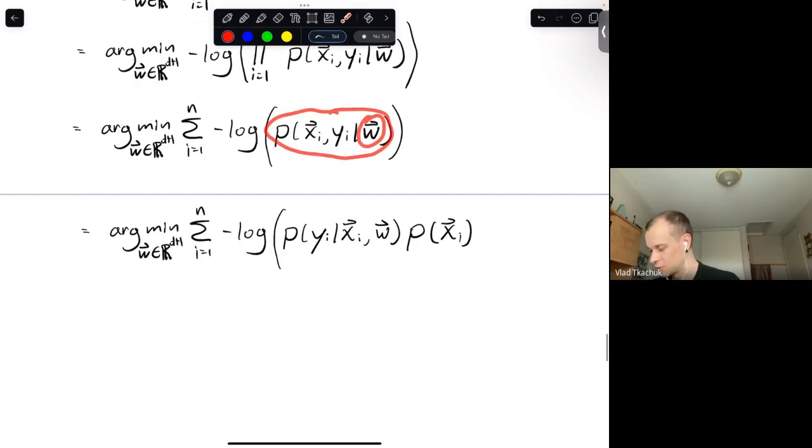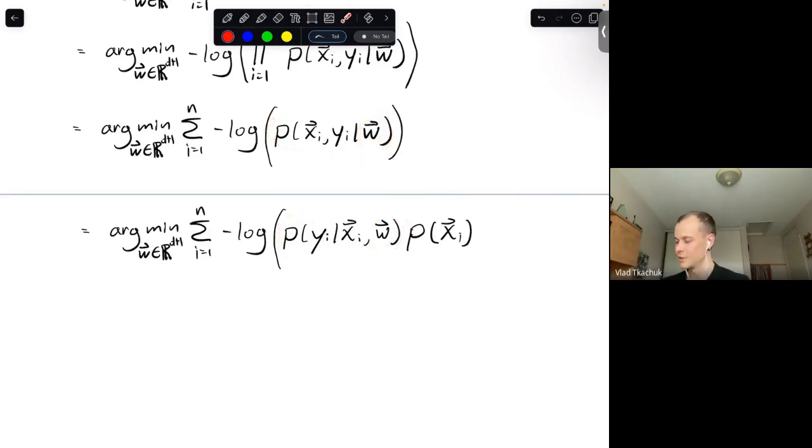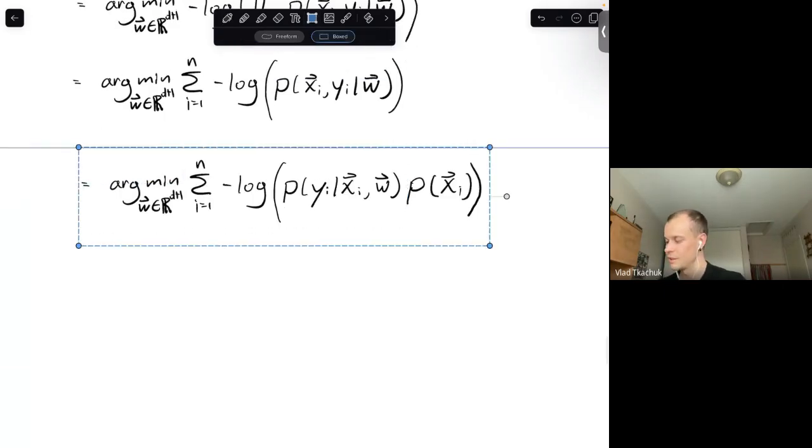But in reality, this is what we've seen. We know that the conditional depends on this parameter w. It tells you how the normal distribution, its mean, looks. The marginal, we made no assumption, so I don't write anything about the parameter w here. This is an important part to understand because what I do next will show you why this marginal doesn't matter.